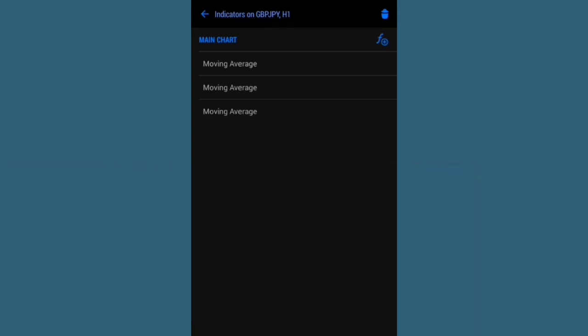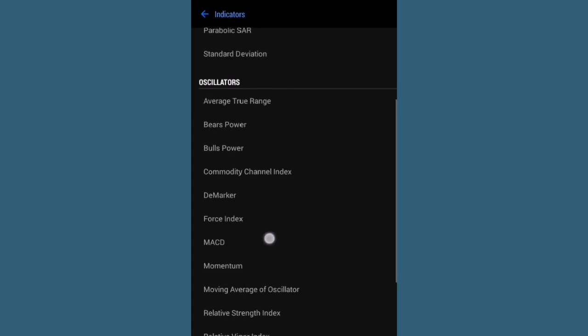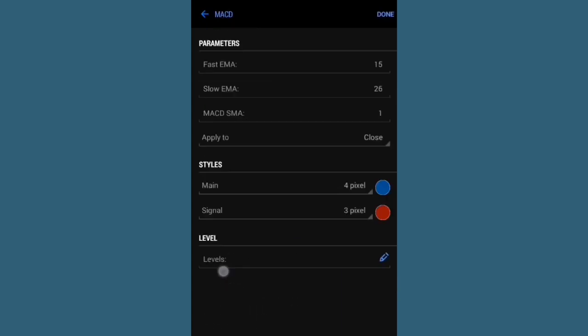Now let's continue and add the MACD. For the MACD, you come to this F function. You come here and then you look for MACD, which is right here. Click MACD, and then for the fast moving average, put 15.